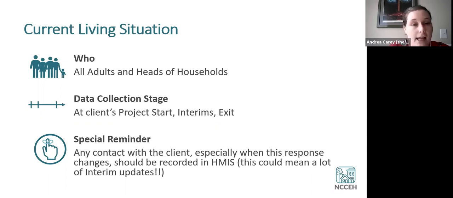This can occur at any data collection stage, so project start, interim, or exit, anytime you're engaging with the client. And again, I want to give you that special reminder that any contact with the client, especially when that result changes, should be updated in HMIS. And this could mean a few interim updates, right? So we're really going to lean into that interim update option there.